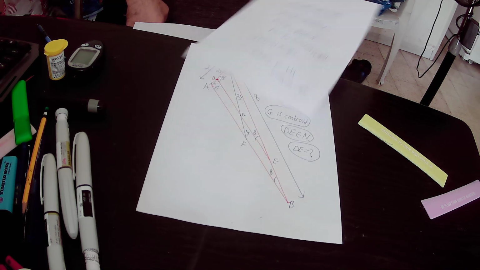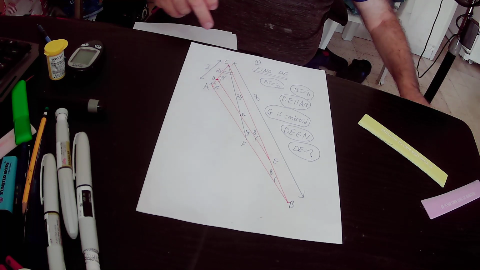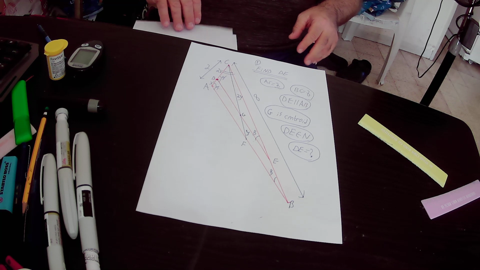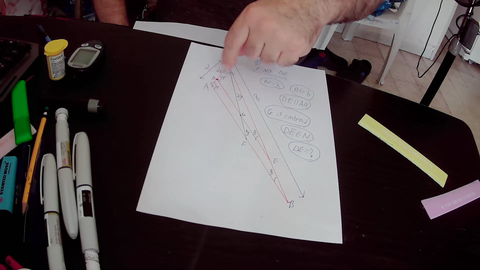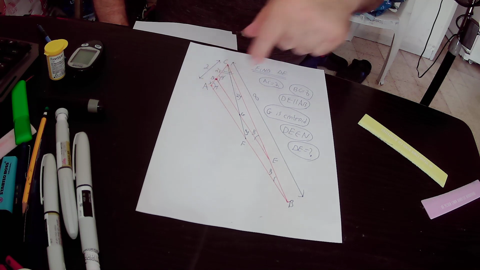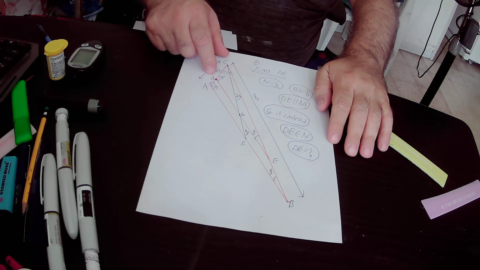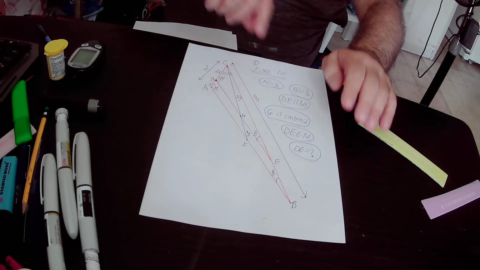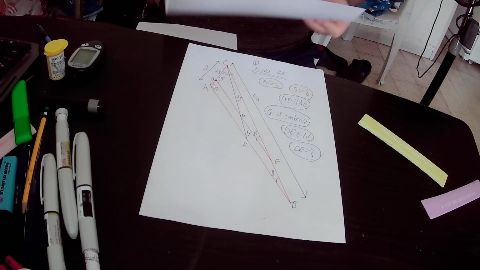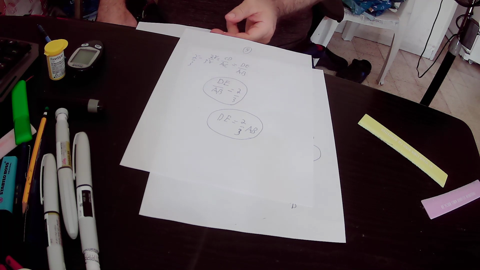So from the fact that triangle ABC is similar to triangle CDE, we can conclude that CD over AC equals DE over AB. Again, CD over AC equals DE over AB.